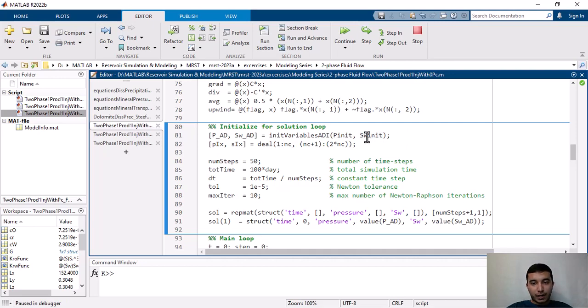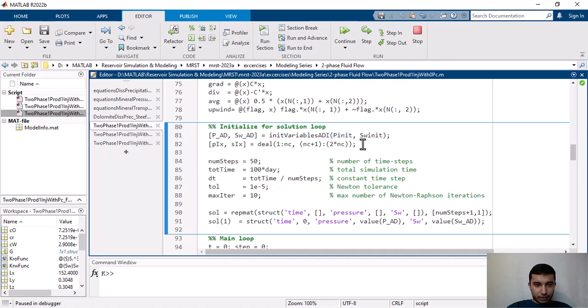So that's why I don't have the oil saturation as an unknown here, and I don't have two pressures as unknowns, because I considered that the capillary pressure is equal to 0.